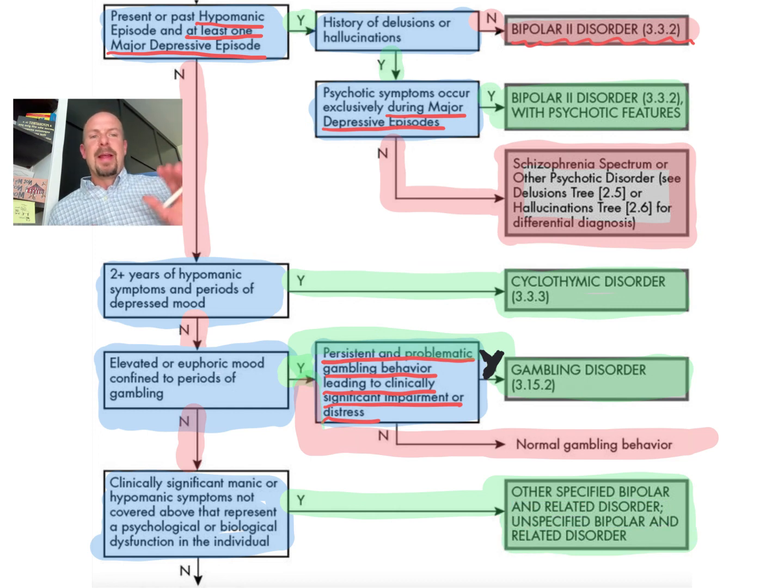So you're essentially saying that there are enough symptoms there, but it's not quite falling into any of these categories, then it's really an other specified or unspecified bipolar. You just can't quite find the right category. And there we go, that would lead us down to an unspecified diagnosis.